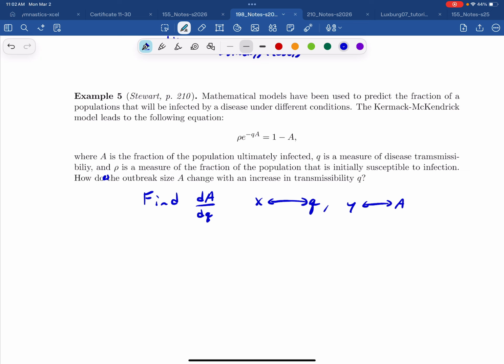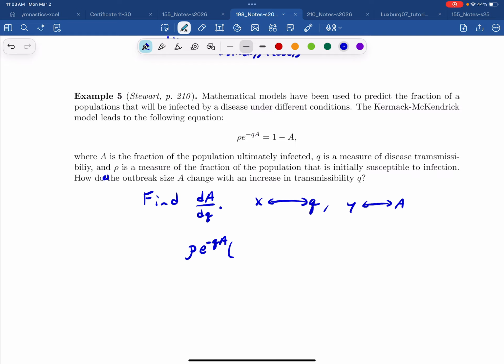So anyway, let's see what we've got here. If we implicitly differentiate, then we get rho times the derivative of e to the negative QA, which is e to the negative QA times, now just be a little careful, because both Q and A are variables here.